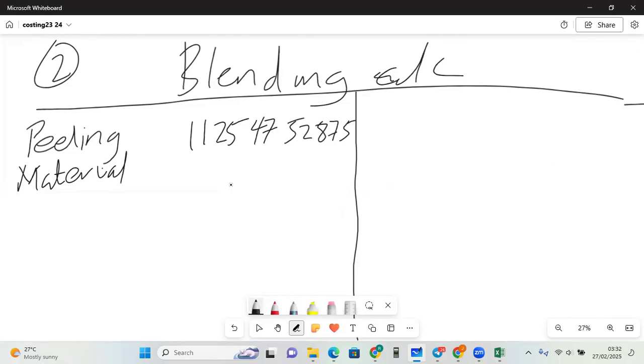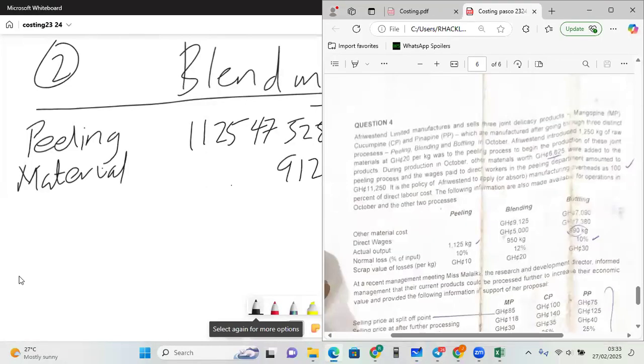So the value is 9,125, then the direct wages is 5,000.